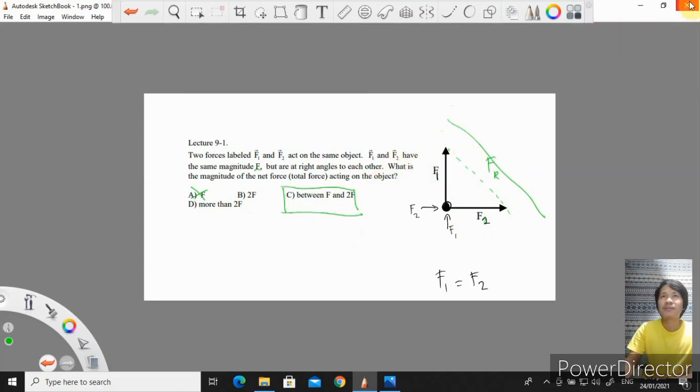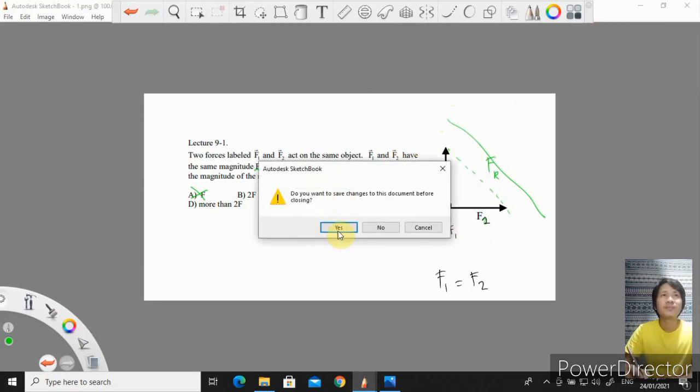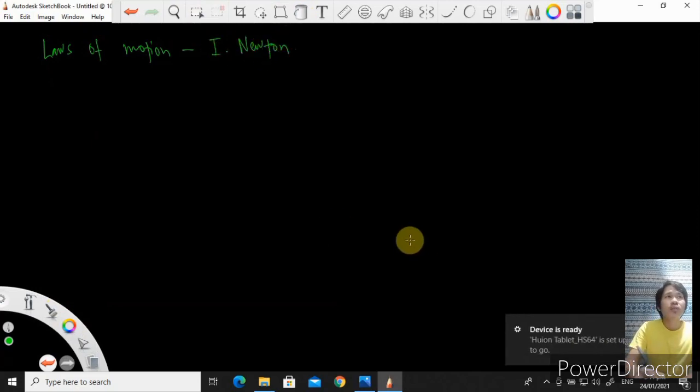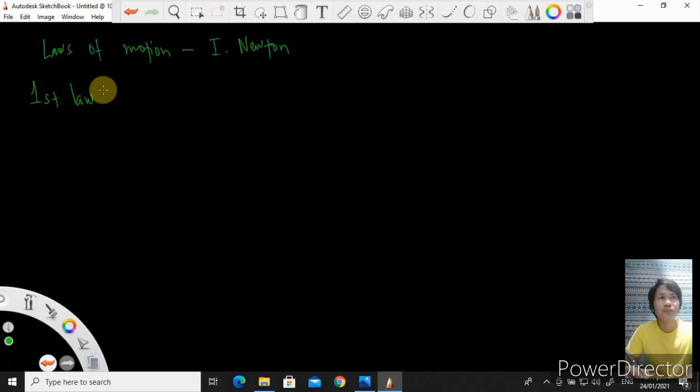Okay, so loss of motion tayo. Alright, so laws of motion. Isaac Newton, of course. Okay, so first law. Nung junior high kayo, probably na-discuss nyo na ito.